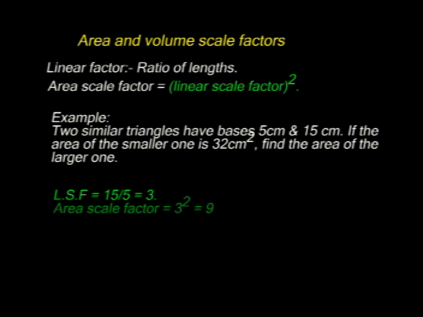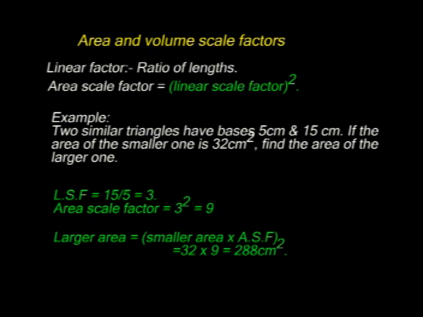Now the area scale factor is linear scale factor squared, so we have 3 squared giving us 9. Now the area of the larger triangle is equal to area of the smaller triangle multiplied by the area scale factor, which will give us 32 times 9, which is 288 square centimeters.